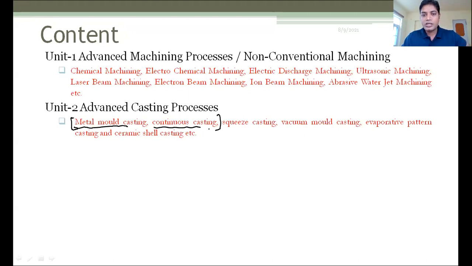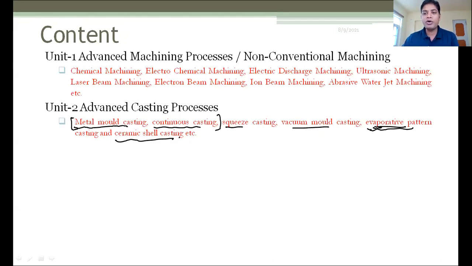Shell casting is also similar to this. But if we talk about vacuum casting or evaporative casting, then evaporative casting and ceramic shell casting are a little bit the same as investment casting. In investment casting you make the pattern of wax.